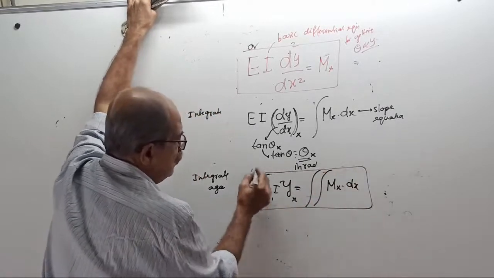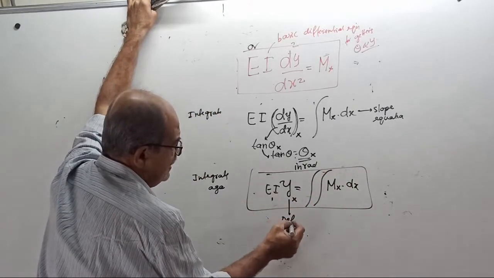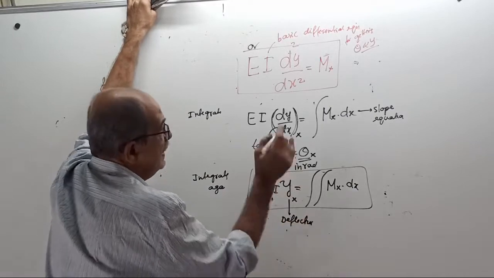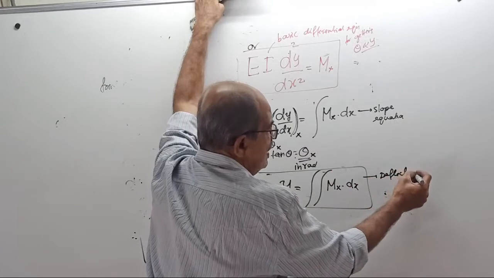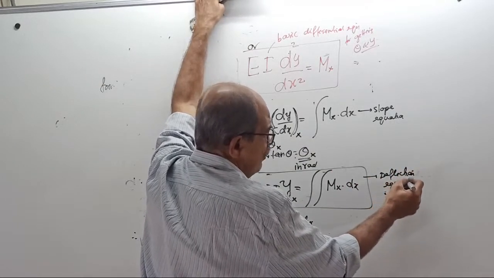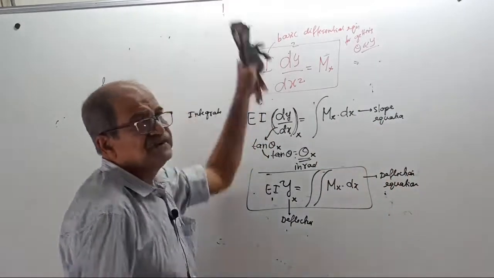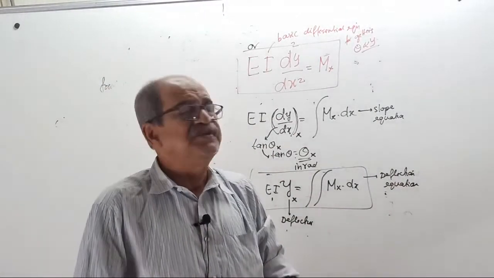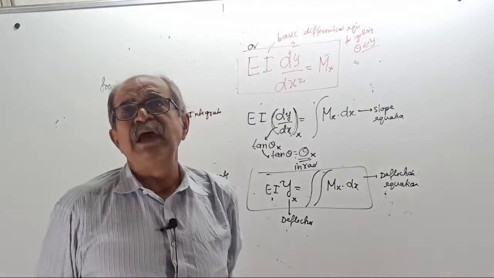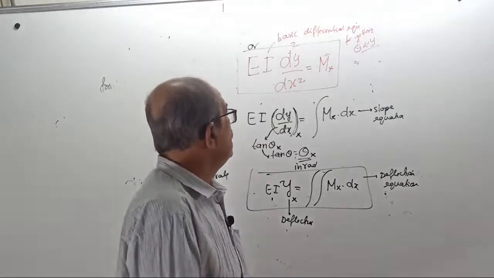Now, this y at x is the deflection. Therefore, this is called the deflection equation. When I make applications, everything will be clear. Integrate once, you get the slope equation. Successively, integrate a second time, you get the deflection equation.